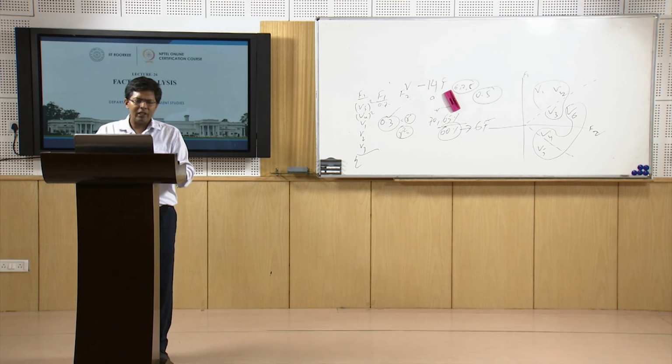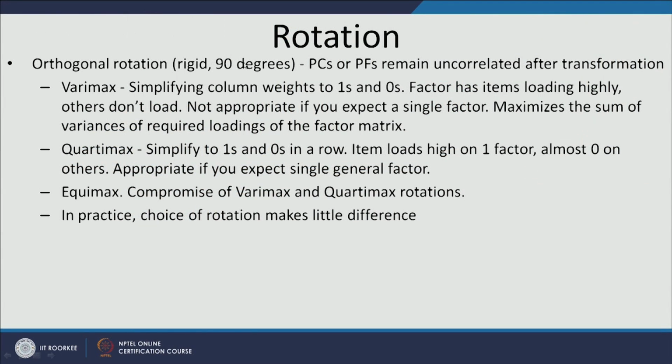There are different methods of orthogonal rotation; it is a rigid 90 degrees, as it is said, so the factors are uncorrelated. Out of these, Varimax rotation, as you can see, is the one which is highly used. What it does is it maximizes the sum of the variances of the squared loadings of the factor matrix. It works on the columns, the distribution of the weights across the columns.